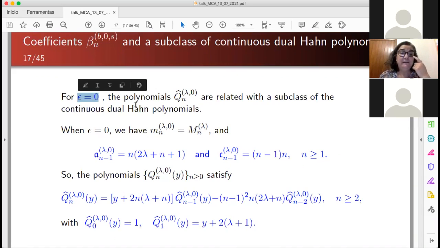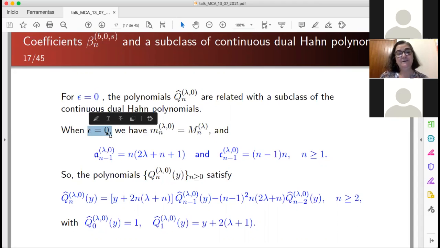When epsilon equals 0, we are talking about this polynomial qn hat lambda 0, which means that if we come back to the information about the minimal parameter sequence and the maximal, when epsilon equals 0, the minimal parameter sequence is exactly the maximal parameter sequence, and we know it explicitly.